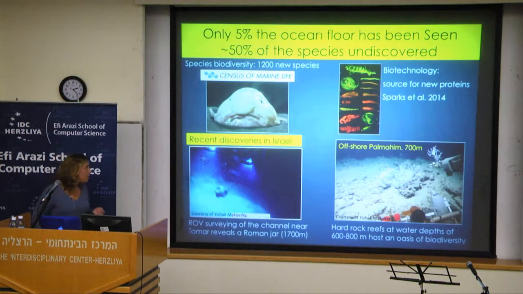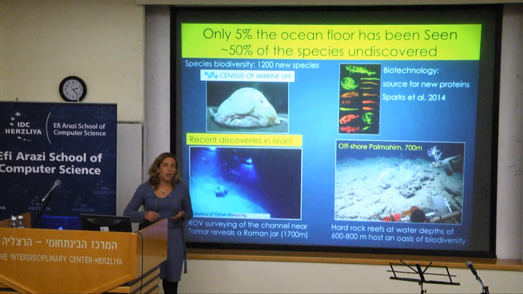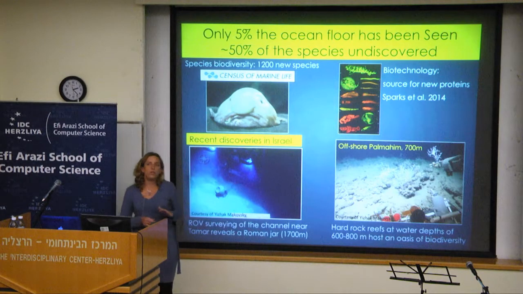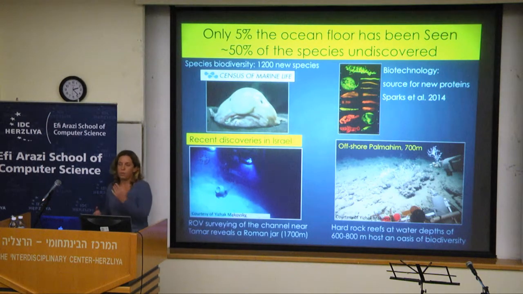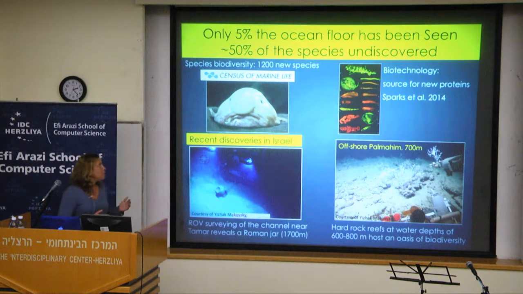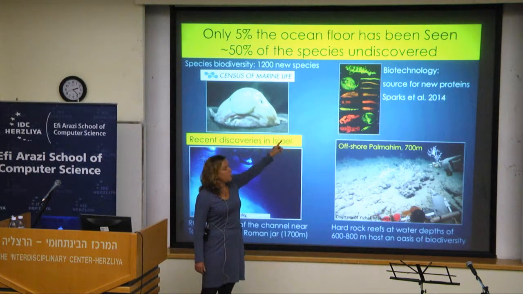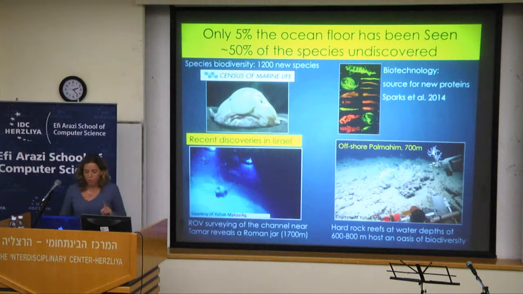Now, what do we know about the ocean? It's amazing to realize that only 5% of the ocean floor has been seen by eyes or cameras. And there are estimates that at least 50% of the species are still undiscovered. These are recent examples. By the way, I talked about fluorescent proteins; these are new fluorescent proteins that were discovered last year in fish.